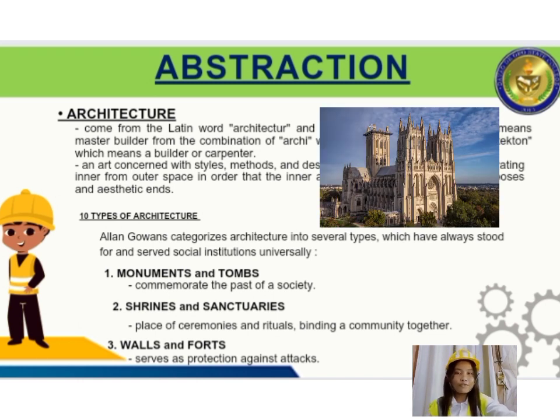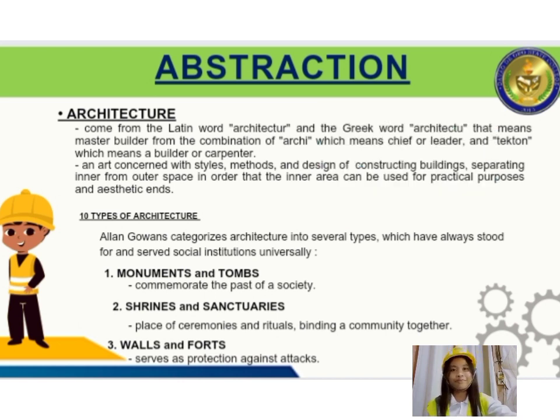Second, we have the shrines and sanctuaries. These are places of ceremonies and rituals, binding a community together. Some examples for this are the National Cathedral in Washington, D.C. and our hometown church in Sinait.